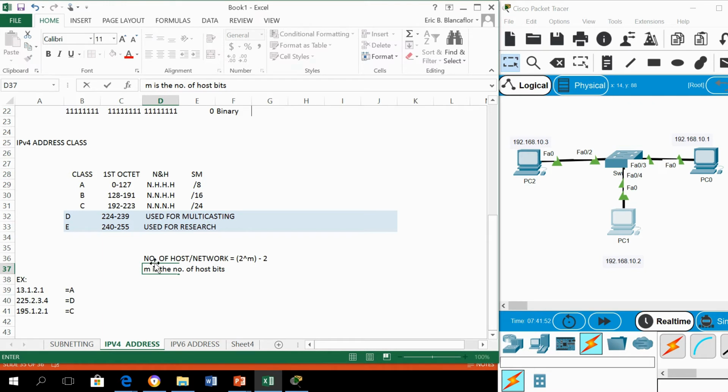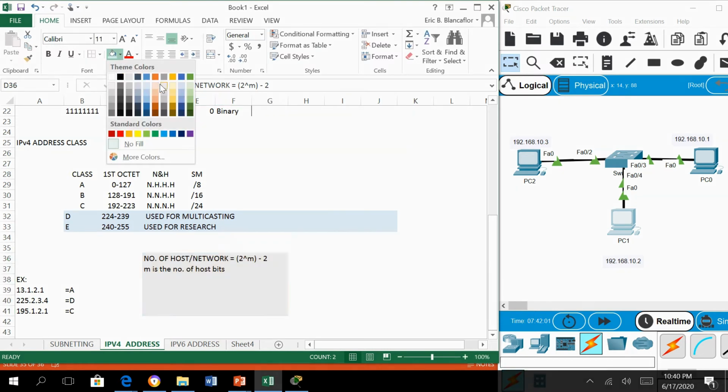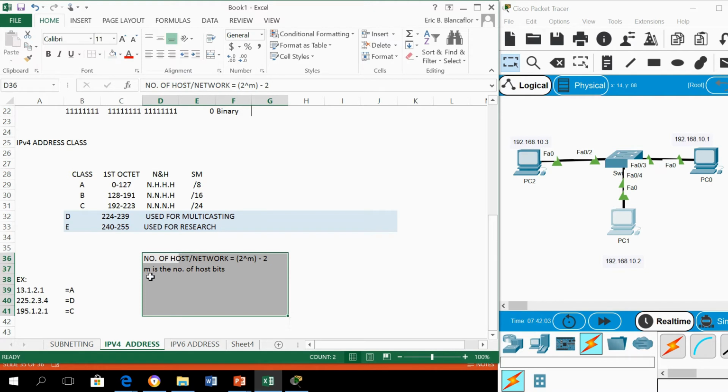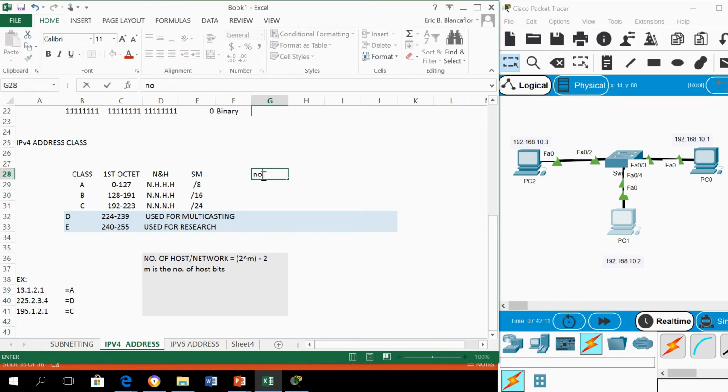Okay? So we have this working formula. Let's have another table here. We need to find out the number of hosts per network for each class.